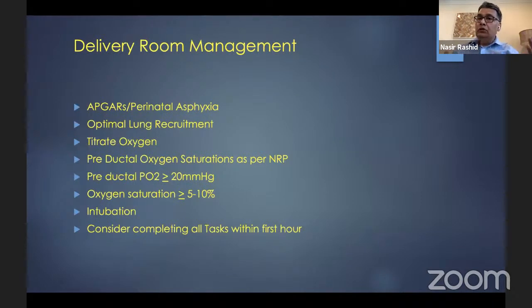And if the diagnosis has to be made about PPHN in an infant, there will be a pre and postductal PO2 difference of greater than 20 millimeters of mercury, or an O2 saturation difference of greater than 5 to 10% between pre and postductal. If this baby needs intubation, go ahead and intubate, don't wait. And then try to complete all the tasks that we will be talking about in the subsequent slides within the first hour.